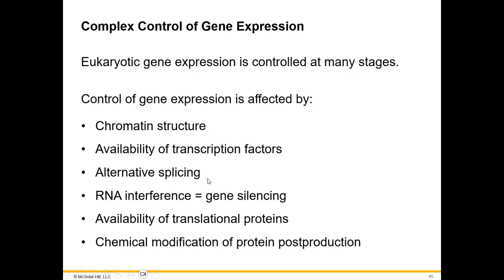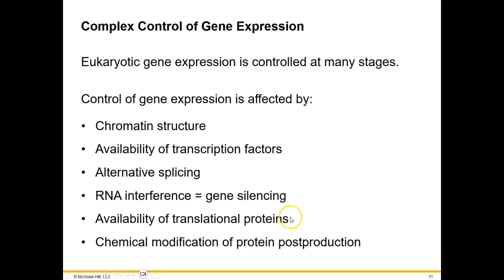When we talked about RNA interference and gene silencing, that was our small interfering RNAs that are able to basically throw away an mRNA copy that's no longer needed or that should not be used to translate into a protein. Also, just the availability of our translational proteins.